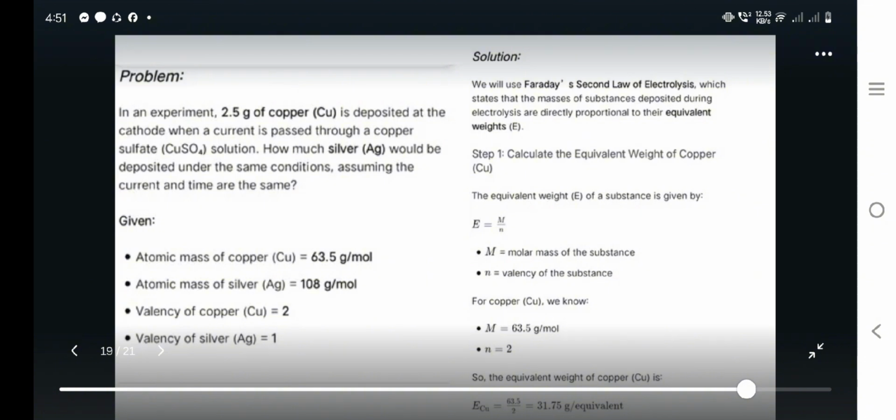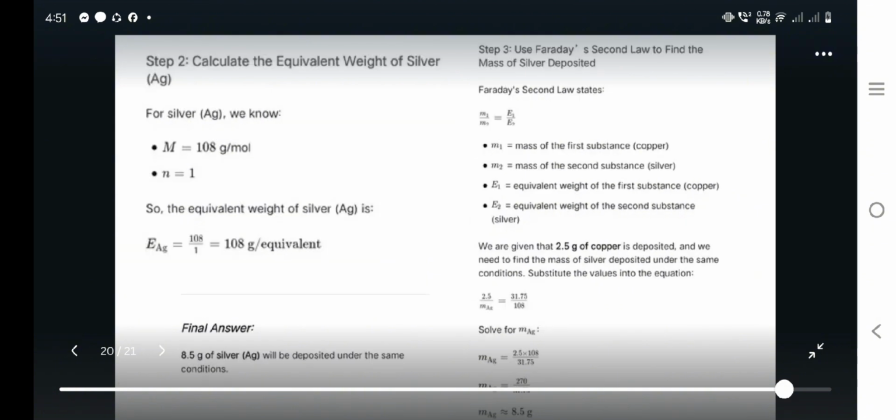So the equivalent weight of copper is 63.5 divided by 2 is equals to 31.75 grams per equivalent. So here, since nakuha na natin yung molar mass ng copper, next is we have to get the equivalent weight of the silver.